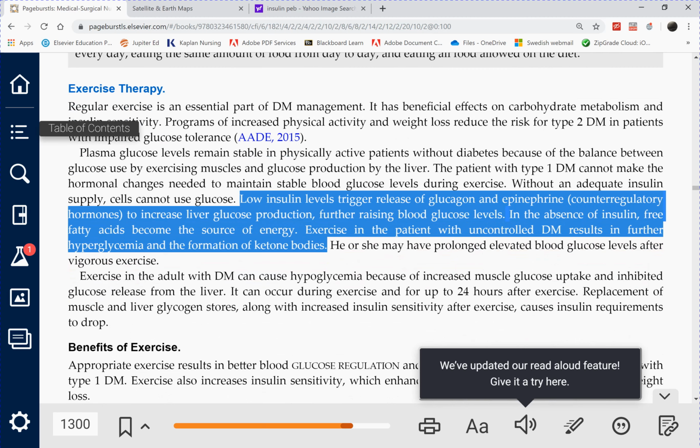Of course, those are our responses to low blood sugar. So in the same way, when your insulin levels are low, it will trigger the release of glucagon and epinephrine. So therefore, exercise has the potential of raising blood glucose.